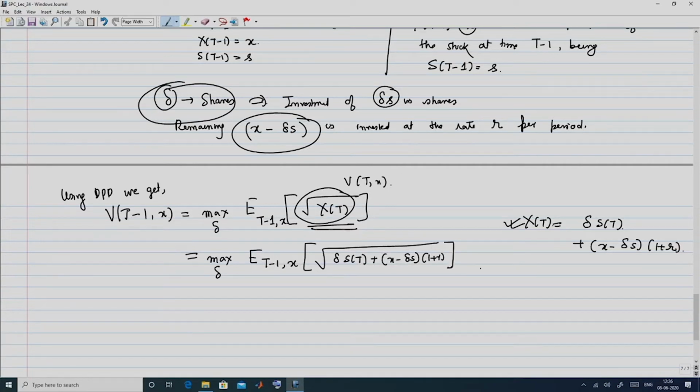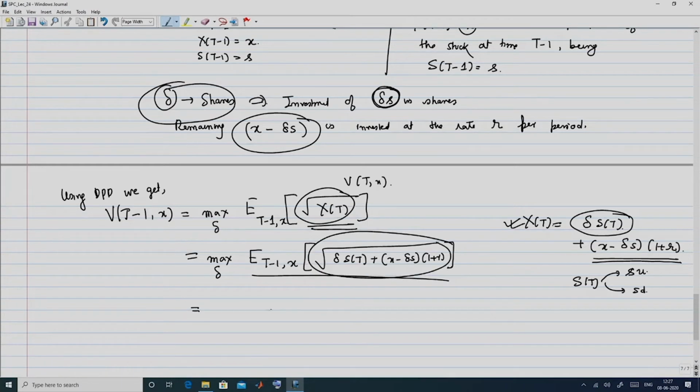Now you see that this part of x t is the same irrespective of whether the stock goes up or down, but this term s of t is a random variable which can either take the value of small s, which was the price at time capital T minus 1, times u, or s times d. So, this expected value is of a random variable which can take two values.